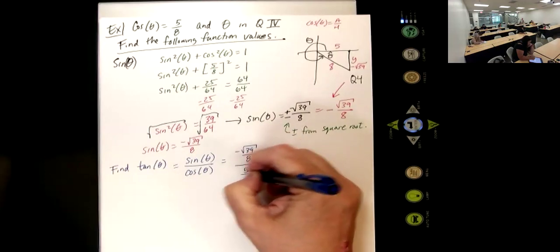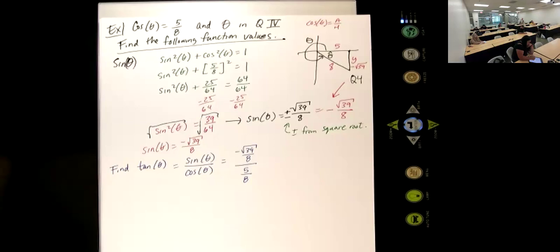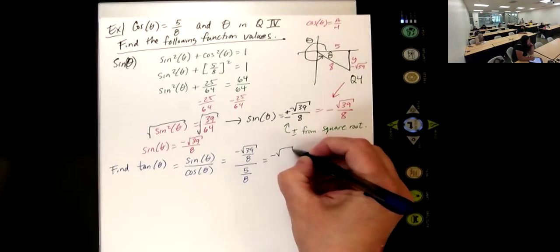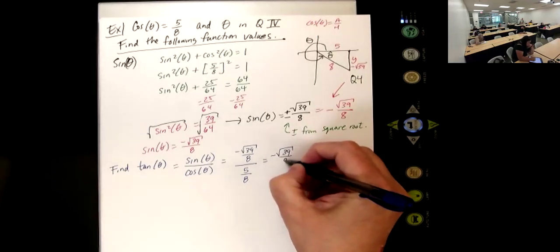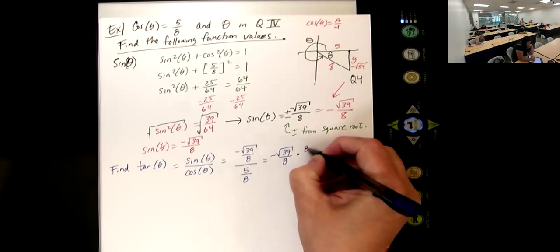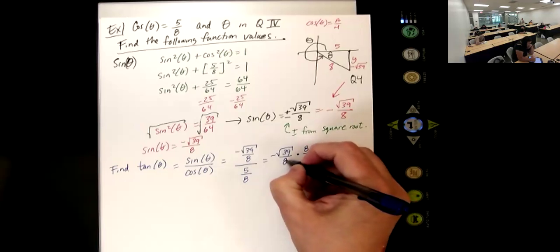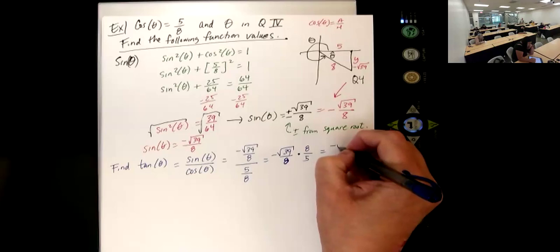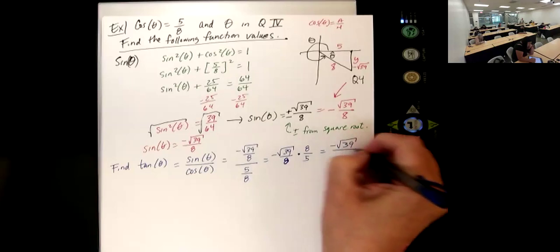Cosine theta was 5/8. And dividing by a fraction is the same thing as multiplying by the reciprocal. You remember that from algebra? Our 8's cancel, so tangent theta is negative square root of 39 over 5.